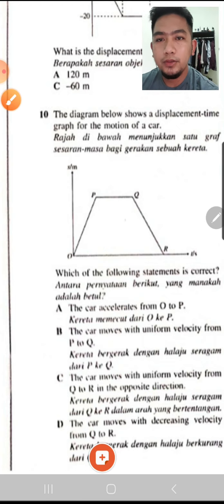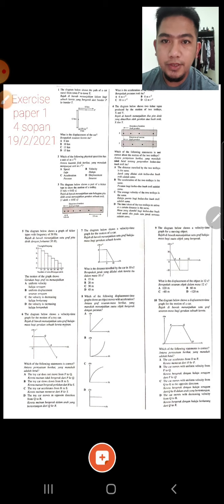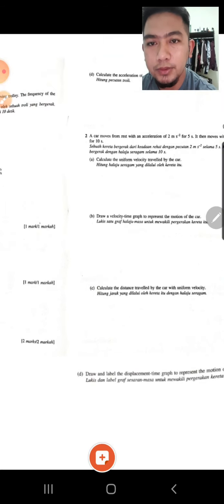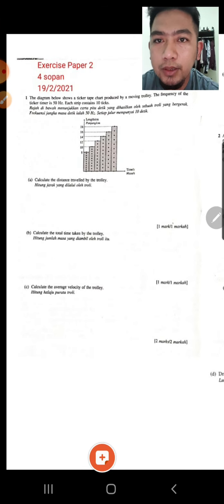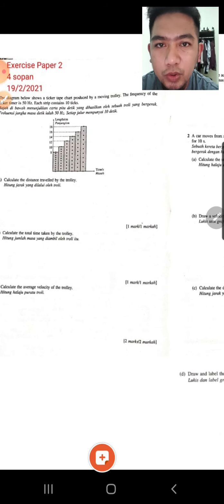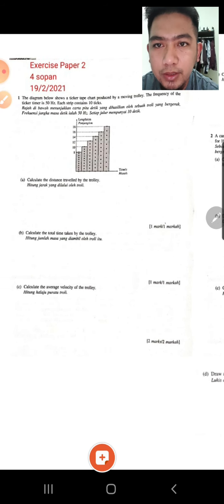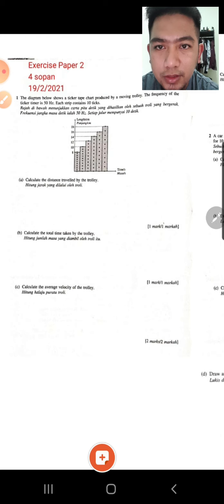Okay, done with the objective questions. Now we continue to paper 2. The diagram below shows a ticker tape chart produced by a moving trolley. The frequency of the ticker timer is okay. Each strip contains 10 ticks. So you don't need to calculate, it is 10 ticks.